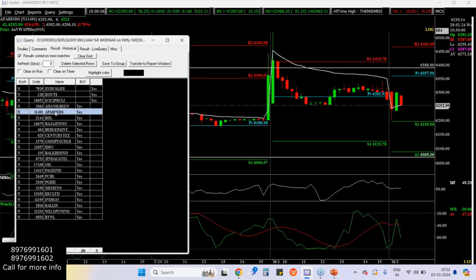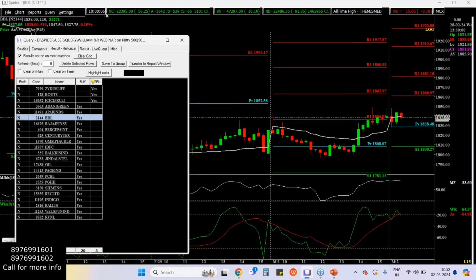One thing you can add as an extra filter here is to observe the Nifty in the morning itself, and see what the average advance decline ratio is. If the Nifty is positive, we'll look only for the buy side stocks. If the advance decline ratio is positive, you will enter only the buy side stocks that you are receiving here.